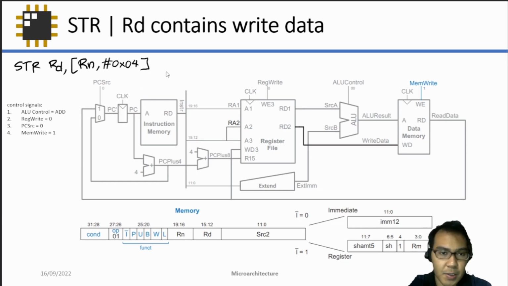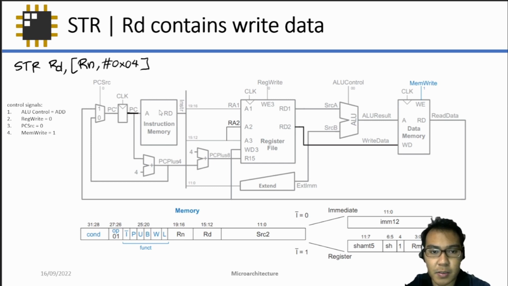So what happens in this case, this is offset indexing, by the way, since we don't have an exclamation point here, and the brackets include both the offset and the register. So in order to account for store, we're going to need to see.